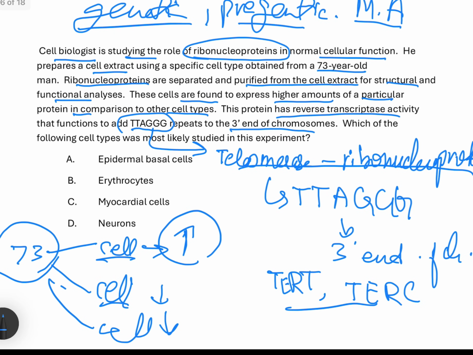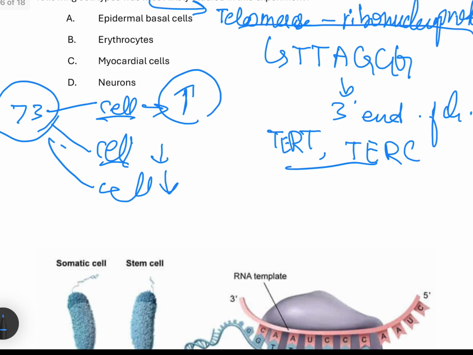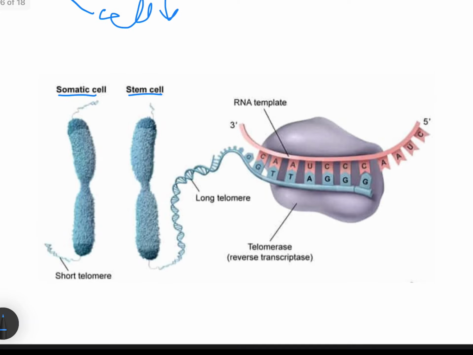But in genetics there is one thing that was telomere shortening. The telomere shortening happens as the cell divides, but in somatic cells and stem cells it differs. In somatic cells like neurons, pancreatic beta cells, myocardial cells, all these cells have short telomeres.